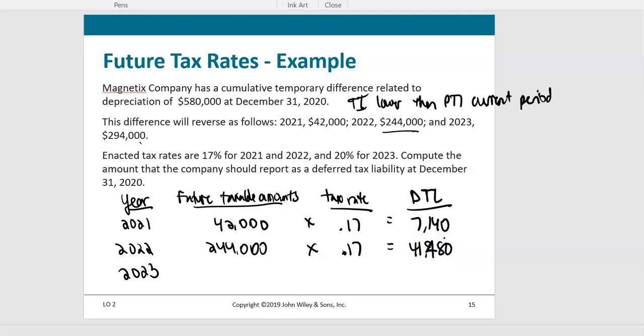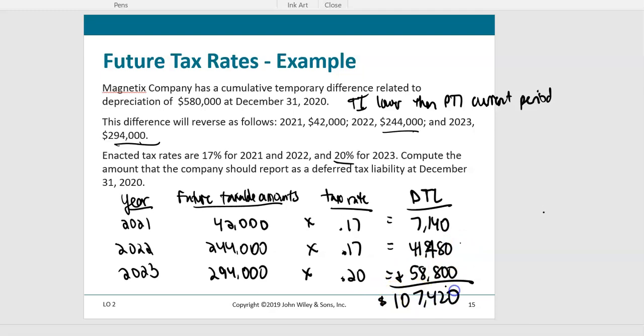And in 2023, 294, and we apply the rate that we expect to be in effect at that time of 20%. This gives us our total amount. We're summing up these three future reversals, deferred tax liabilities, to get a total balance in deferred tax liability of $107,420.